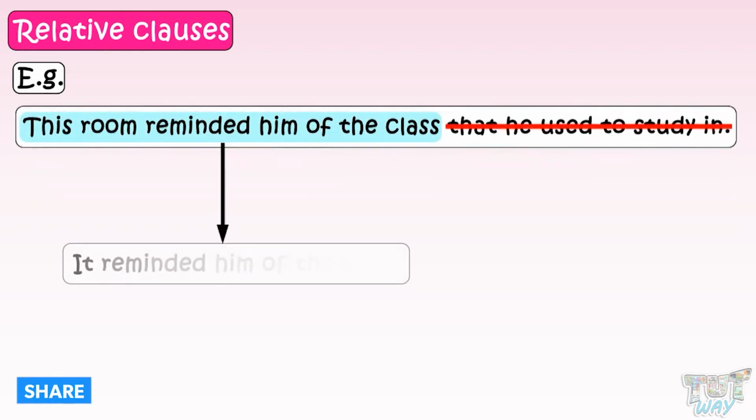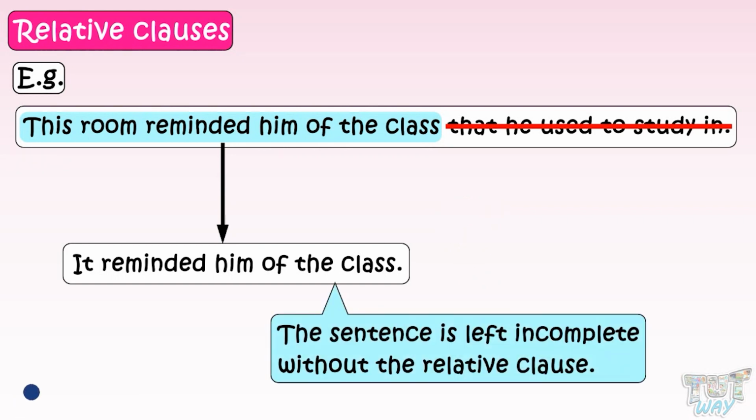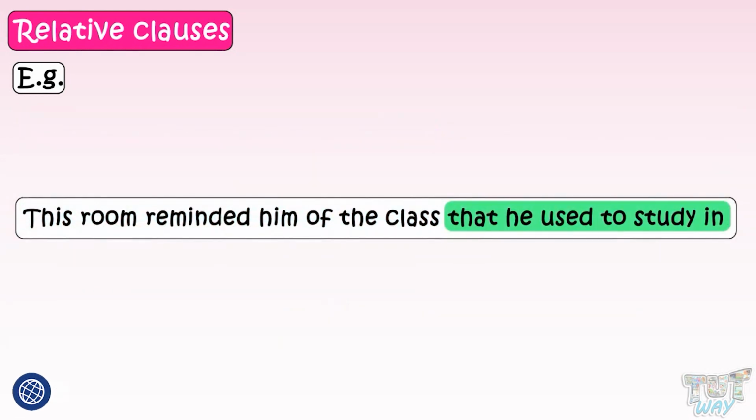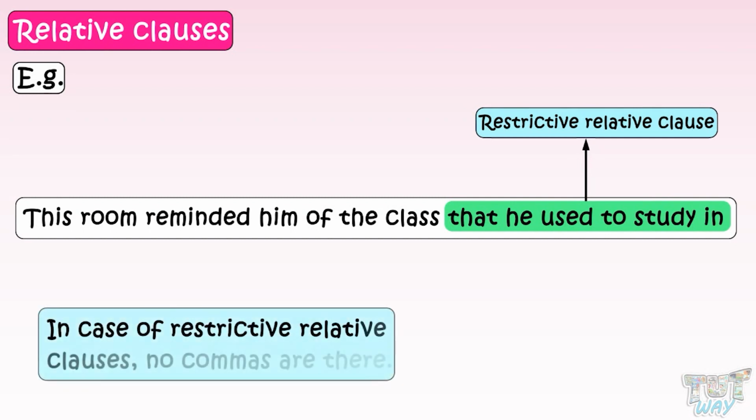It reminded him of the class. But which class? We don't get to know anything about it. So the sentence is left incomplete without the relative clause. So the clause that he used to study in is a restrictive relative clause. In case of restrictive relative clauses, there are no commas.